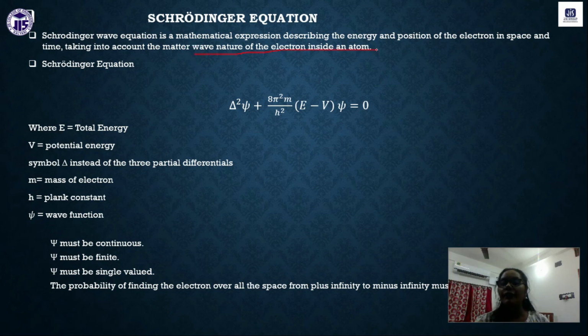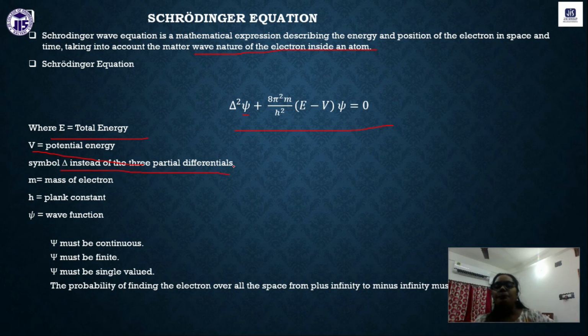So at that time we get the Schrodinger equation for an electron: delta square psi, where psi is the wave function, plus 8 pi square m by h square into (E minus V) psi equals 0, where E is the total energy of that electron, V is the potential energy.